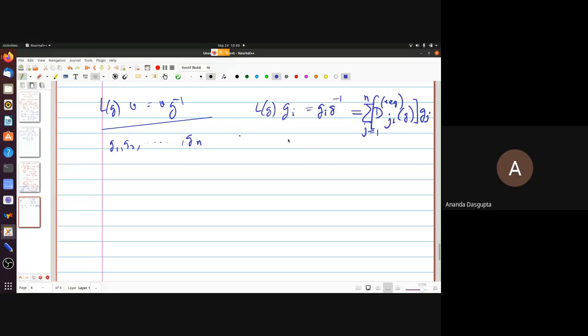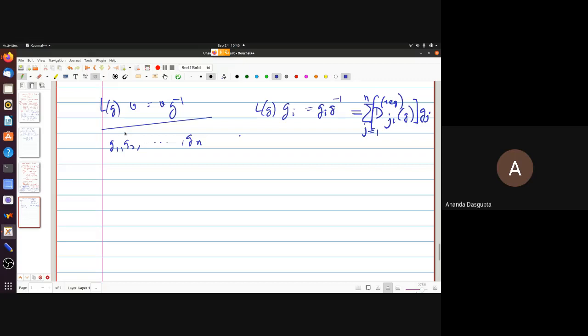One thing you can immediately say is that every column will have only one 1 and the other elements 0, because G inverse will have to be a group element, right? It has to be one of these elements. Nothing else. G_i is an element of the group. G is an element of the group, one of those G1, G2, Gn.